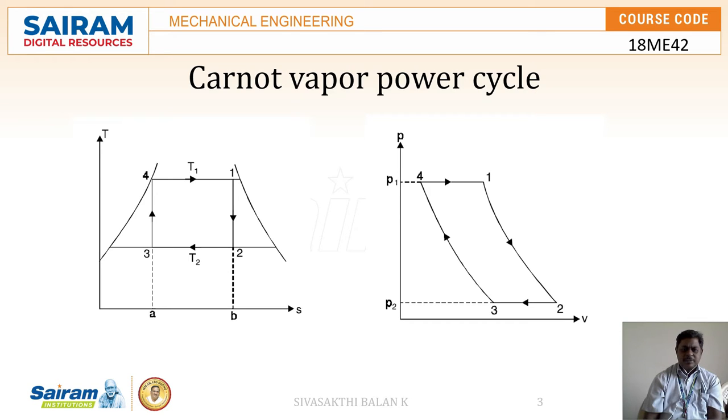The two processes which represent isentropic processes, 1 to 2 and 3 to 4, represent the expansion as well as the compression process, whereas 4 to 1 and 2 to 3 represent the constant pressure processes, where 4 to 1 is the heat addition process and 2 to 3 is the heat rejection process, where we maintain the temperature as T2, and the heat addition takes place from the source temperature T1.